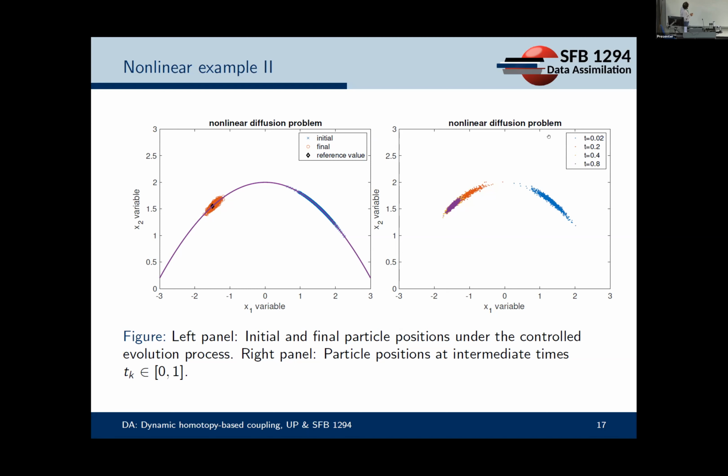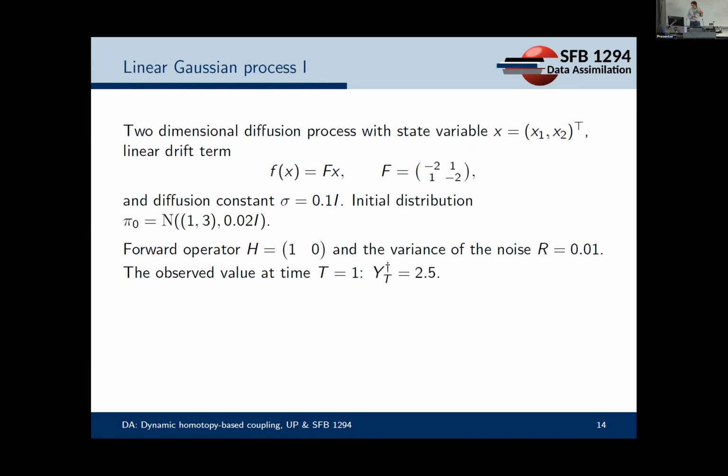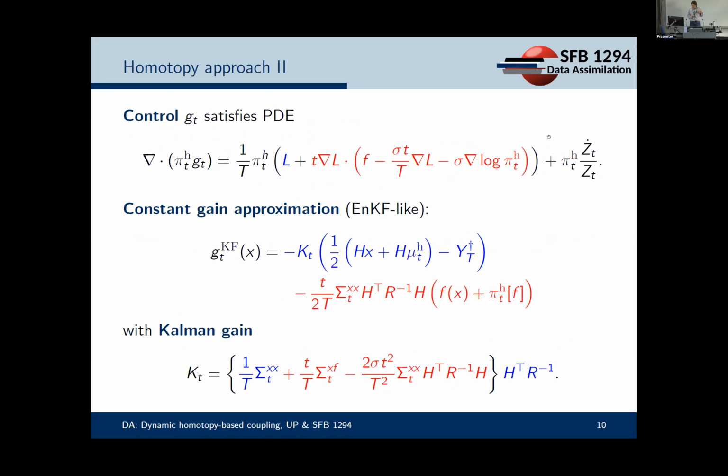And then at 0.2, actually the particles are already almost moved over. All of them have been pushed over at 0.4. At 0.8, you are basically there. And then the final cloud of points is there. So it does it. And that basically was an implementation of this formulation here with all the terms, as I said, approximated as you would do in an ensemble Kalman filter.